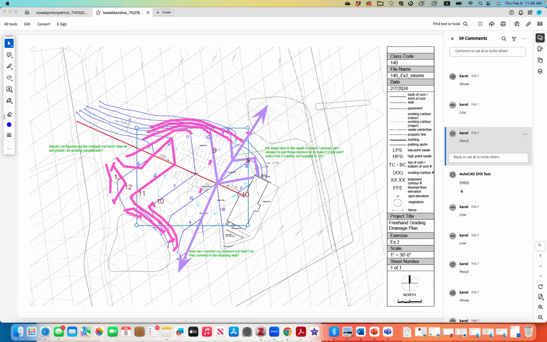Now we keep going for 7. 7 could go like this. And then we need to change 6 again. Basically, you need to keep pushing those contours in this area. That's the area that you will have the most challenges. Keep pushing the contours until your original contour do not conflict with your proposed contours.